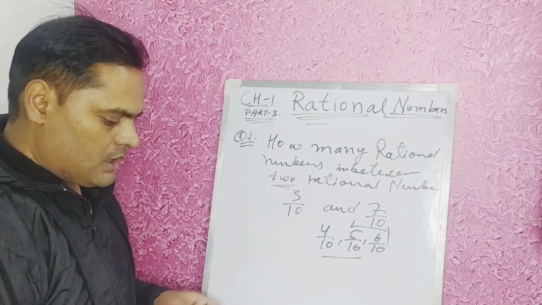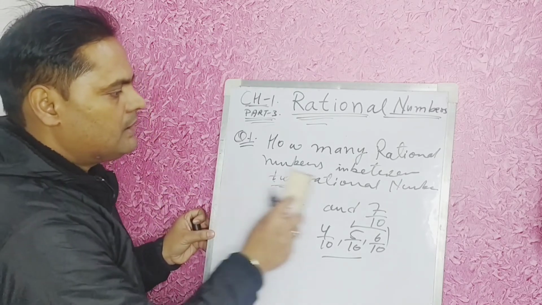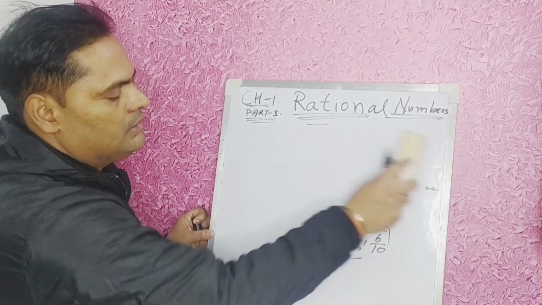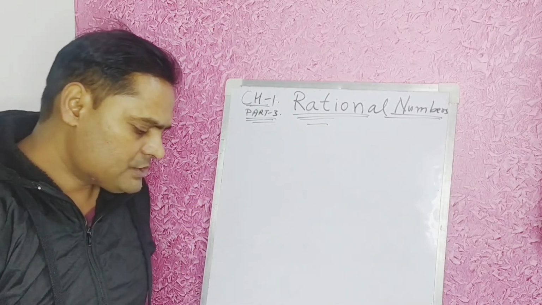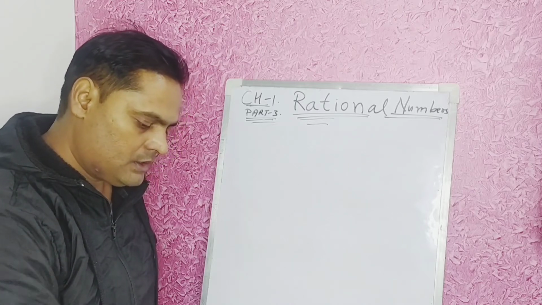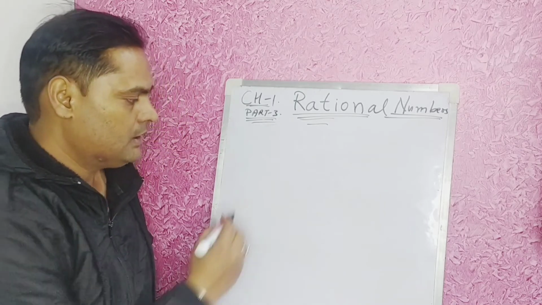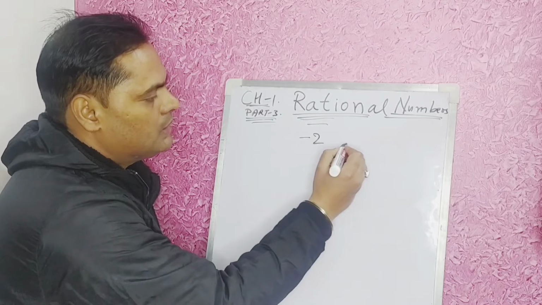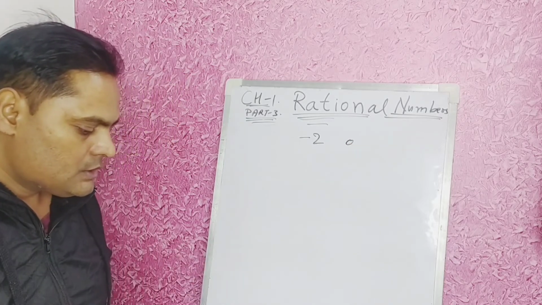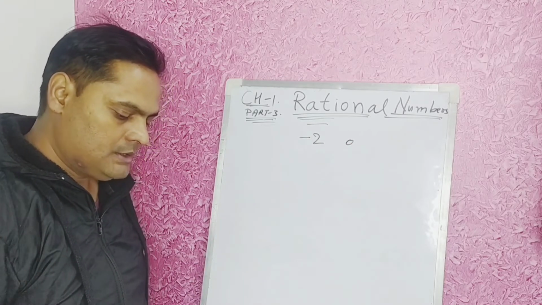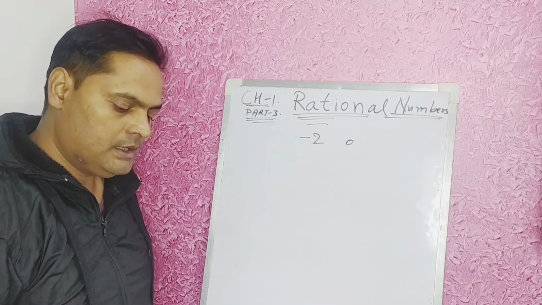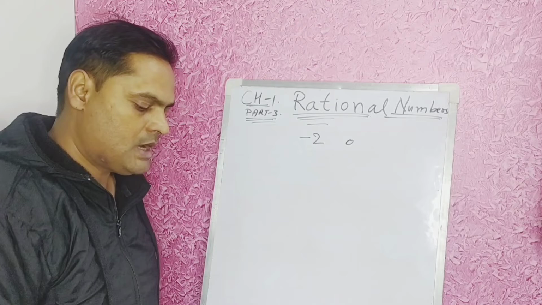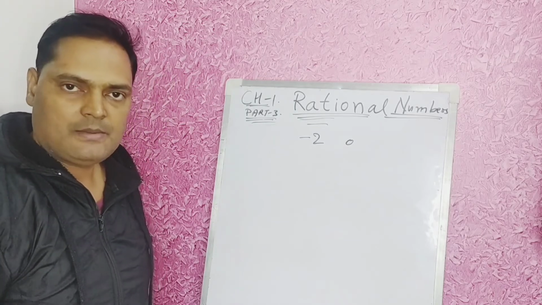Okay, let's see another example, which is very important from the point of view of the exam. Write 3 rational numbers in between -2 and 0. This is very important, and it may be asked in the exam as well.